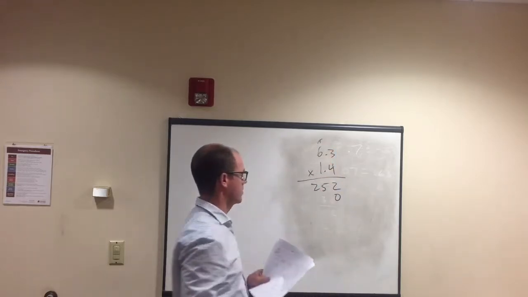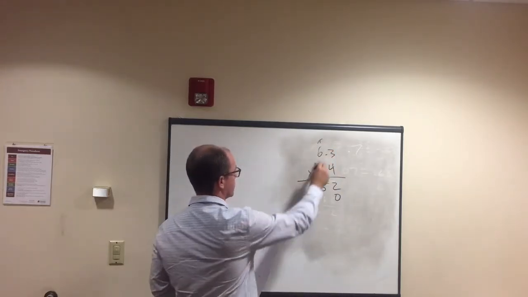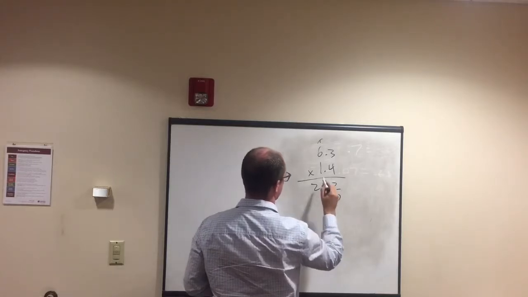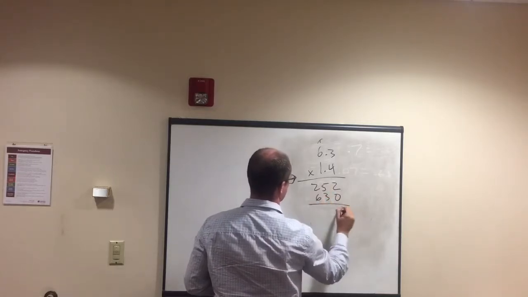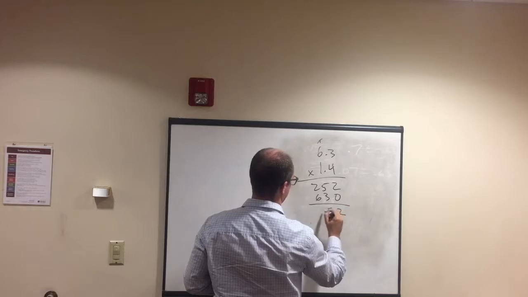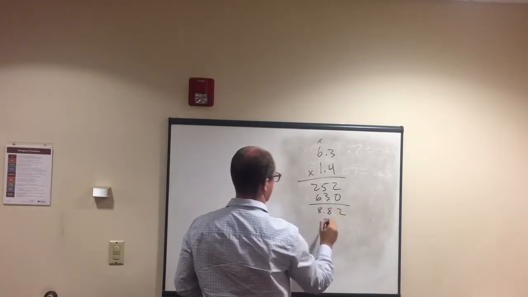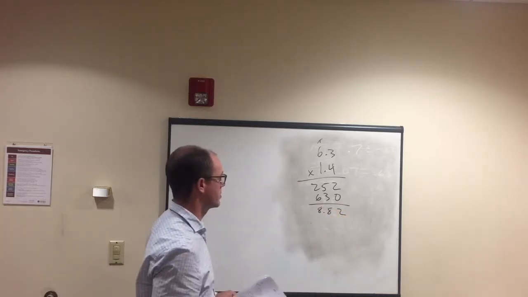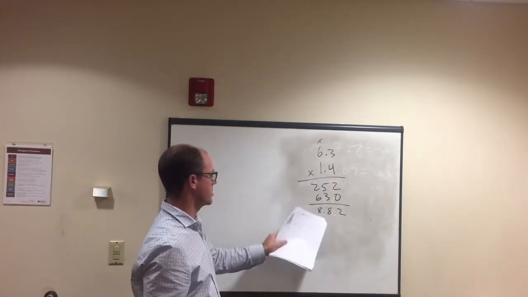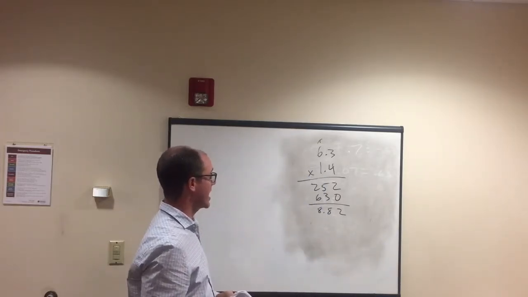Get rid of that, right? And then 1 times 3 is 3. 1 times 6, 6. And add them all up. 8.82, right? So you have 2 decimal places here, so you go over 2 to get your 8.